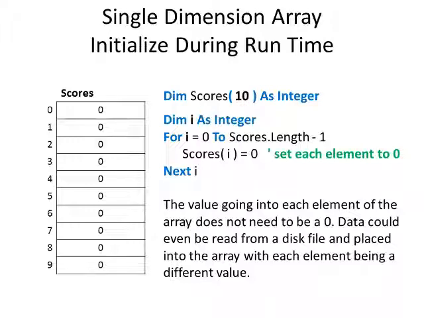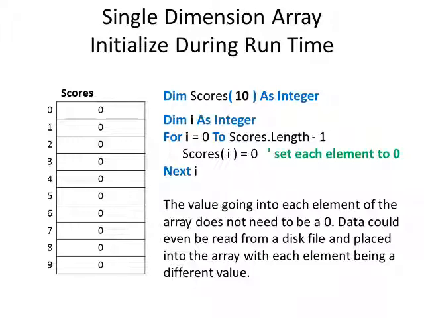I can also initialize an array during runtime. If I wanted to set every element in the array to a 0, for example, I could declare an integer and name it i. I'm going to use i as the index into the array. So For i = 0 To scores.Length - 1, scores(i) = 0, Next i.